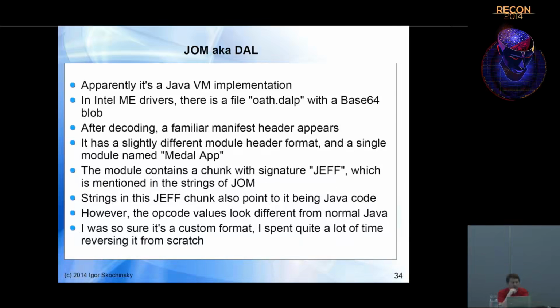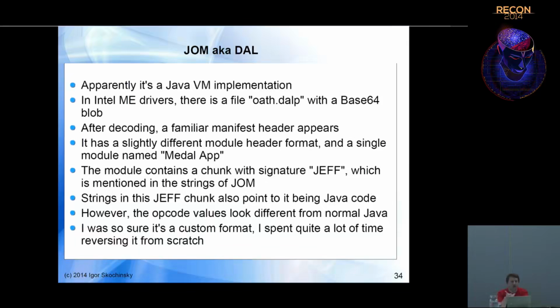In fact, if I look at some of the files installed by the Intel drivers, there is a file which is XML with a base64 encoded blob. Once I decode that blob, I get a very similar manifest to the one used in the firmware itself. This manifest has a signature JEFF, which is again mentioned in one of the strings.